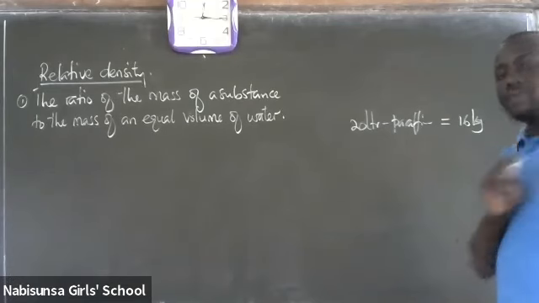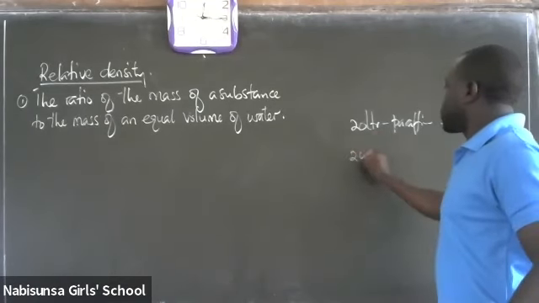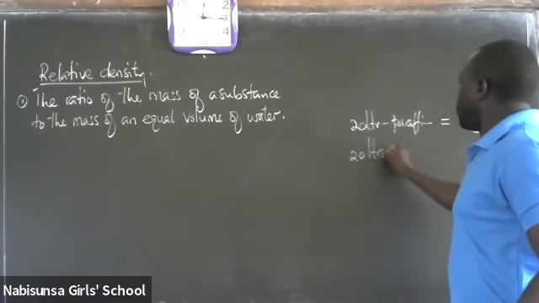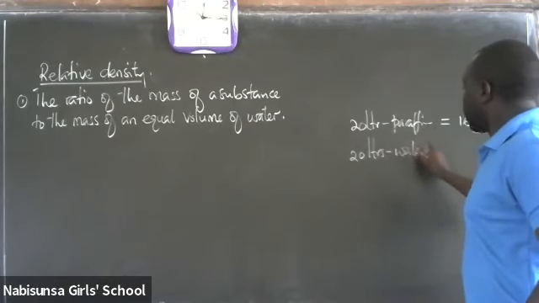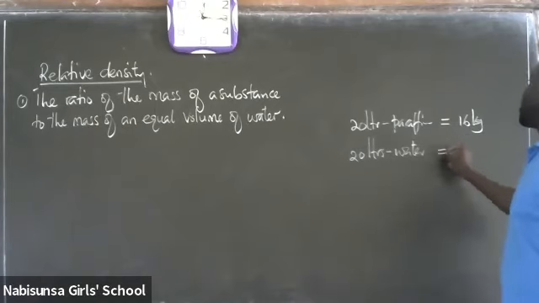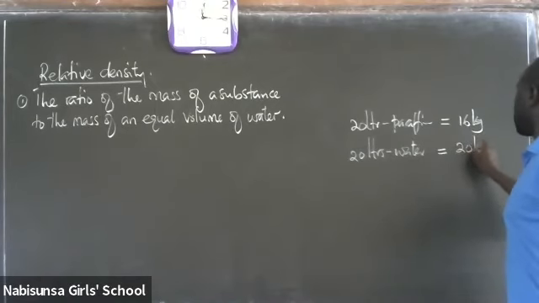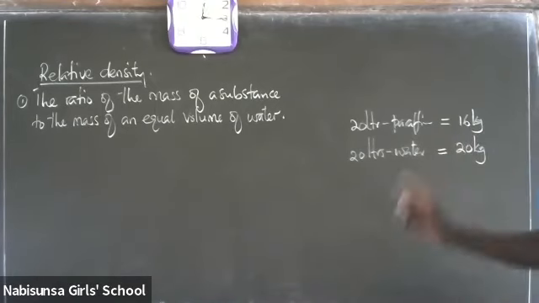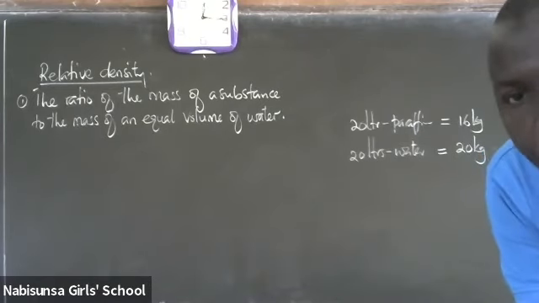Then we also measure 20 liters of water. When we say water, we are meaning pure water. And we realize that the mass is 20 kilograms. Are we understanding these two statements?